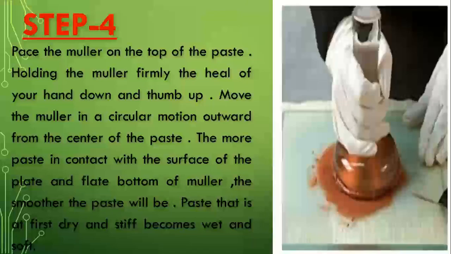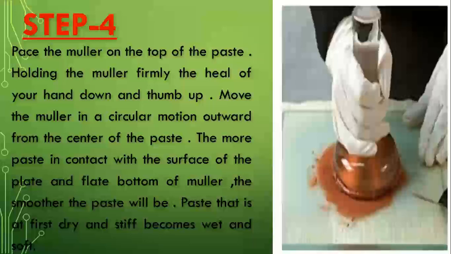And in the fourth step, we move the muller in a circular direction to mix the pigment and oil properly. The more contact with the surface of the plate and the flat bottom, the smoother the paint will be.